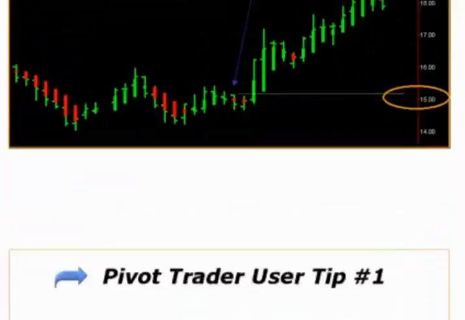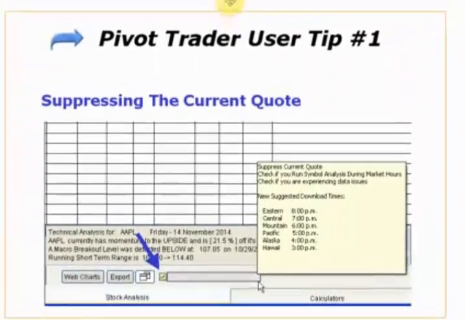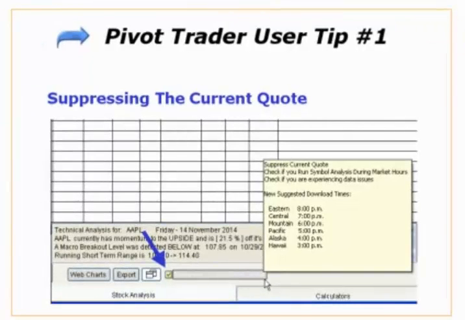Now, while we're talking about the downloading and the analysis, let me give everybody a quick tip, because there are lots of little details in the software and people get confused, and this is something I get asked about a lot. You can't really see it too well where the arrow is, but it says suppressing the current quote. So people ask, what is that all about?